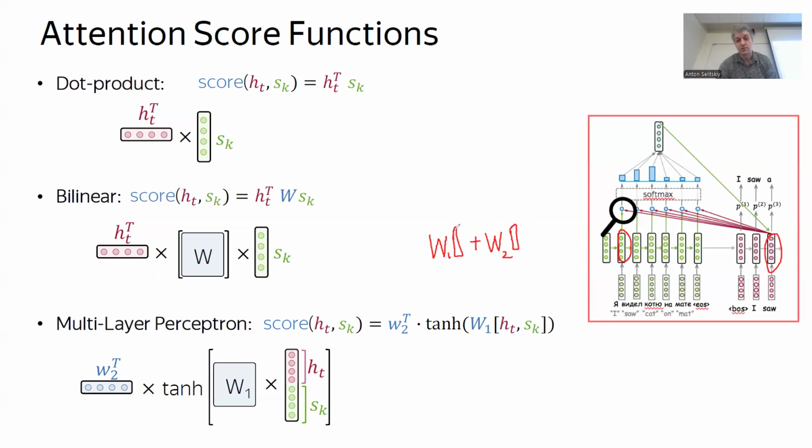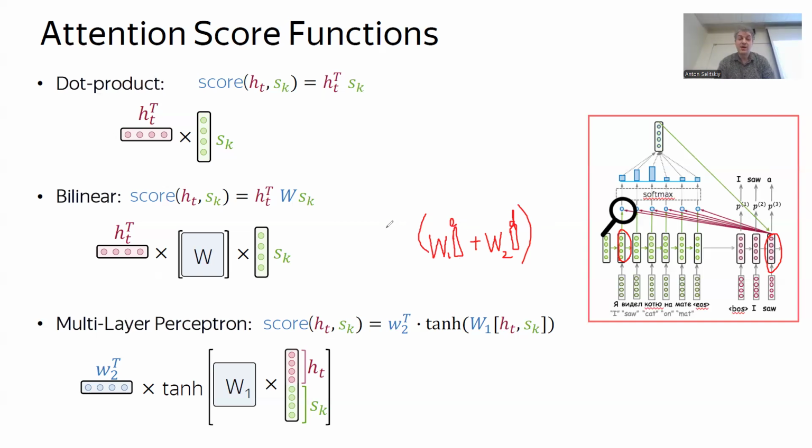This is the encoder, this is the decoder. Then we sum these up together. As you remember, a matrix times a vector results in a vector, a column.